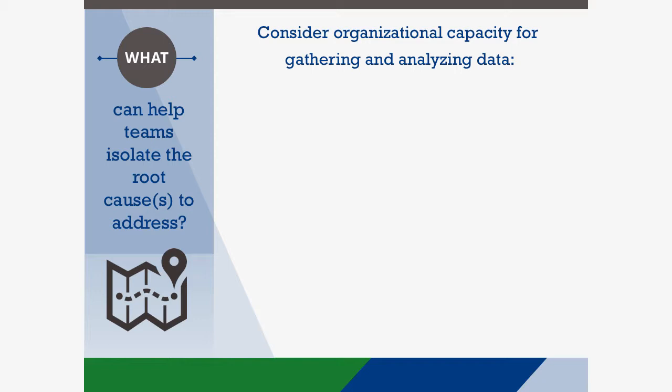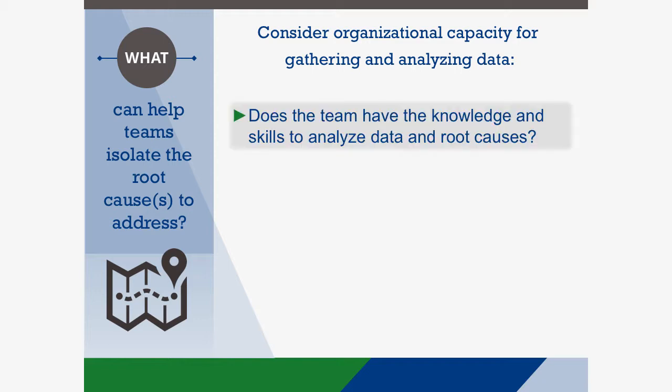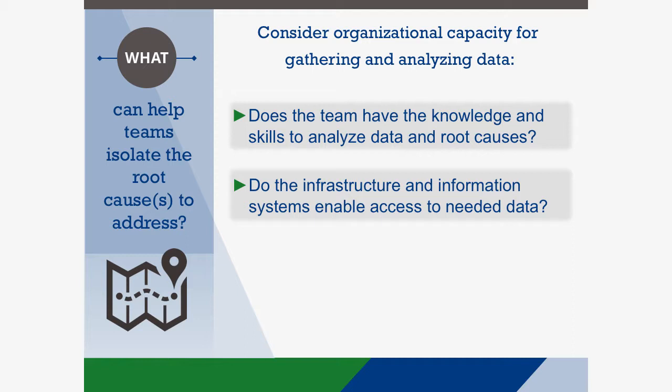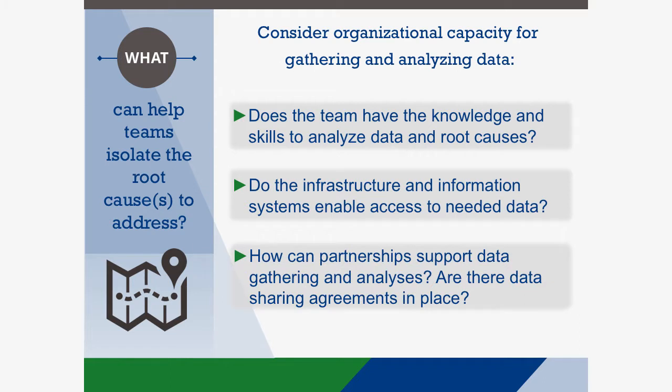For example, does the team have the knowledge and skills to analyze data and root causes? Do the infrastructure and information systems enable access to needed data? How can partnerships support data gathering and analysis? Are data sharing agreements in place? Answering these questions together as a team will help the team to identify where they might need to engage additional partnerships or resources to fully explore problems.